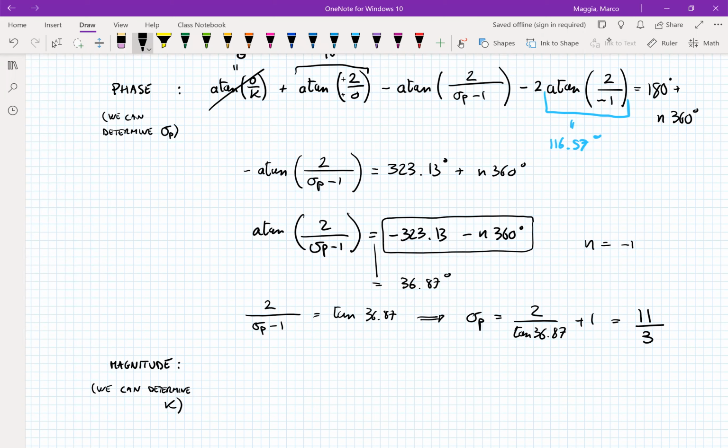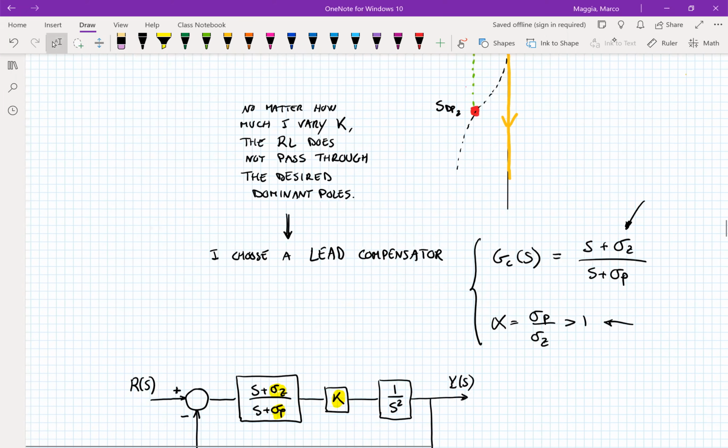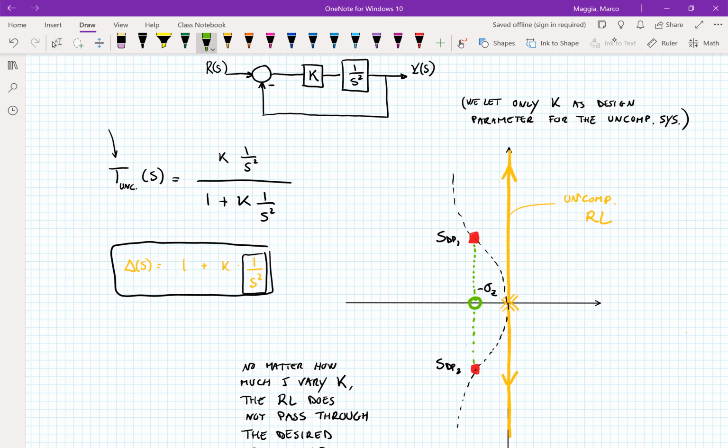So now we know the location of the pole. Let's check if it's indeed viable. For it to be a lead compensator, the pole has to be to the left of the zero. So 11 over 3 is about 3.7. So we would be about here at minus 3.666 or minus 3.7.